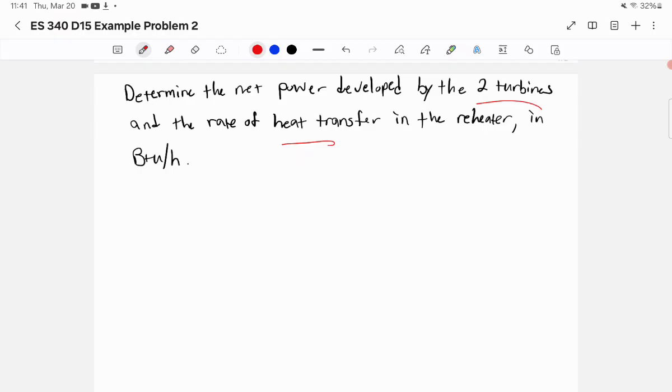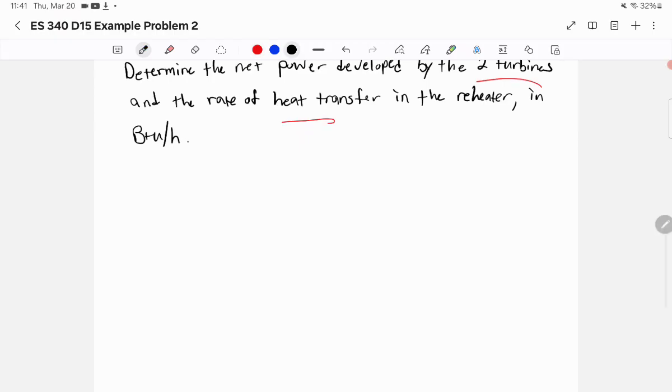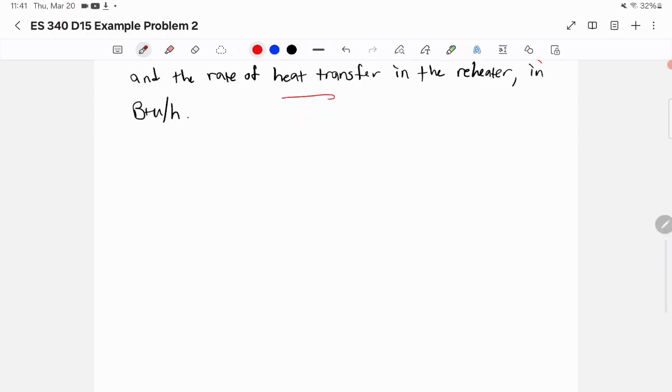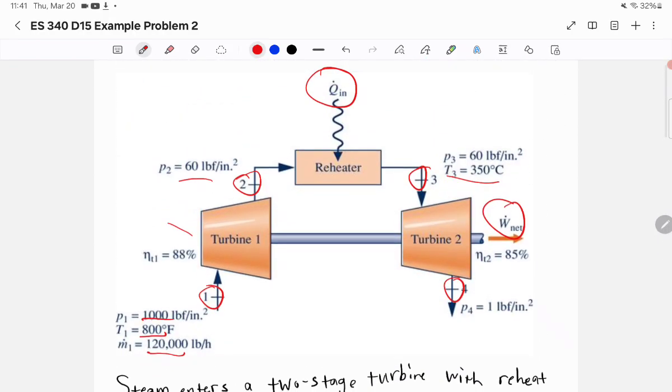So, recall for the isentropic efficiency, we know a couple of details. First, let's call this turbine 1, so W dot turbine 1 over m dot.